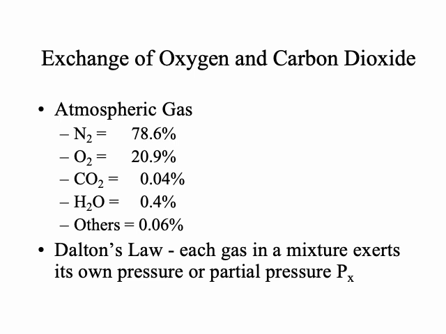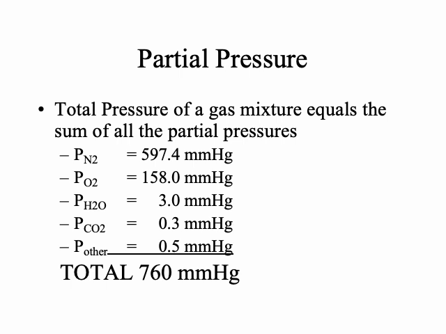It corresponds pretty much to the percentages of those atmospheres. Do you remember how I told you that at sea level the atmospheric pressure is 760 millimeters of mercury? If that's the measurement of all of the atmospheric pressure, we know that because of Dalton's law, nitrogen at 78.6% times 760 equals 597.4 millimeters of mercury.